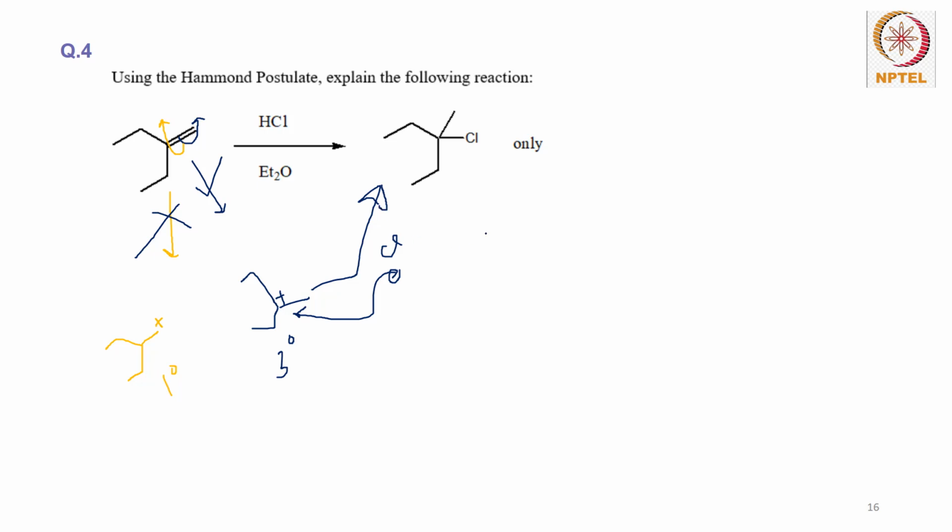So it will not go through the other pathway because according to Hammond postulate, the reaction which goes through a higher degree carbocation, that is 3 degree carbocation, that pathway is always favorable because of requirement of less activation energy.